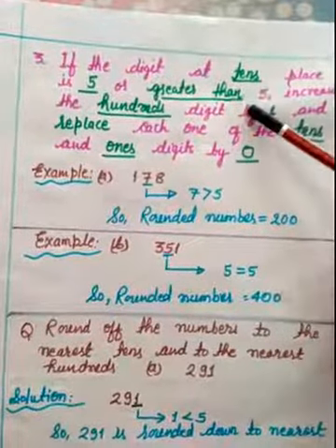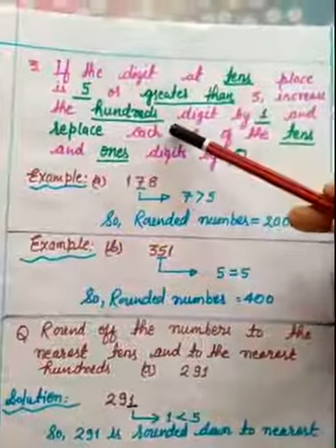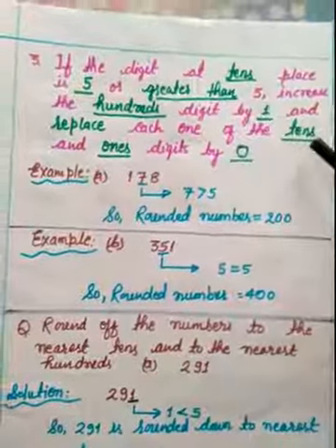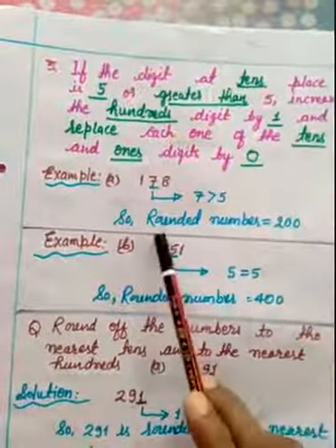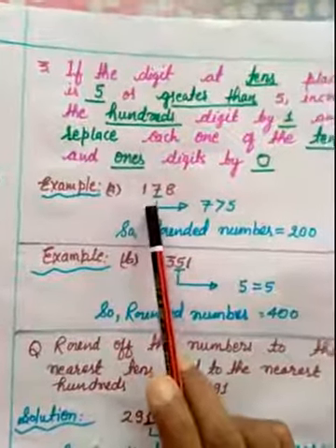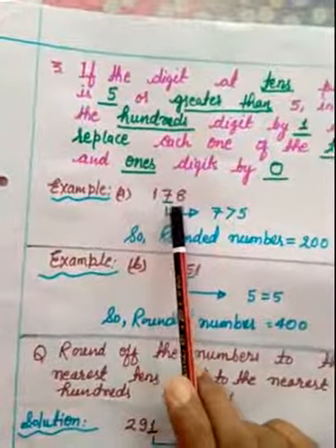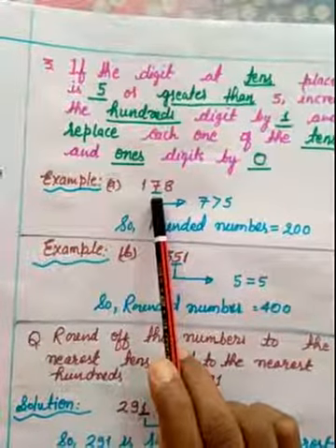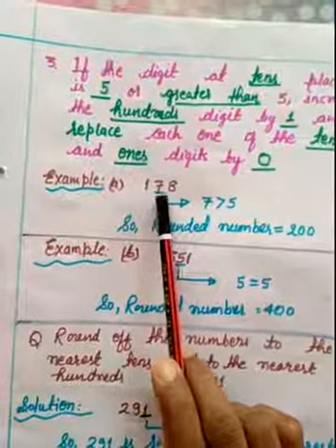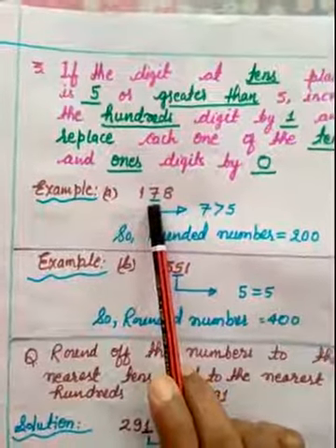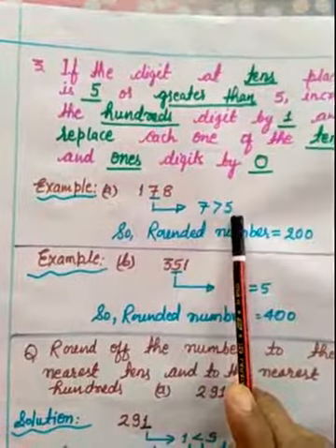Here tens place digit is 7, which is greater than 5.